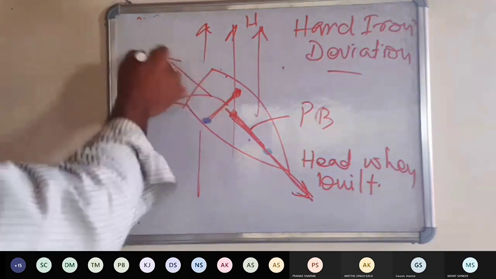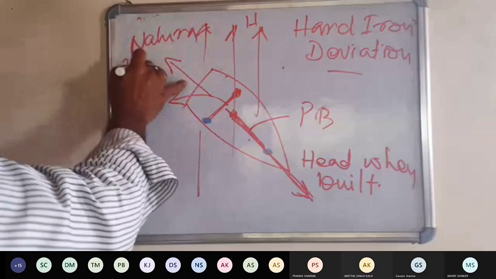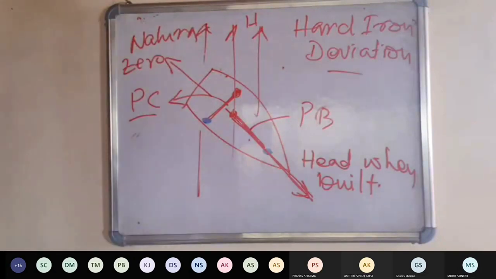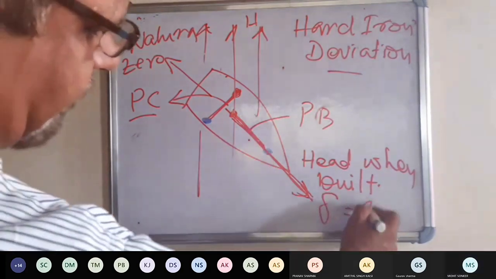And this one is natural zero, natural zero direction, correct? Yes. Now, in this case, the deviation will be zero.